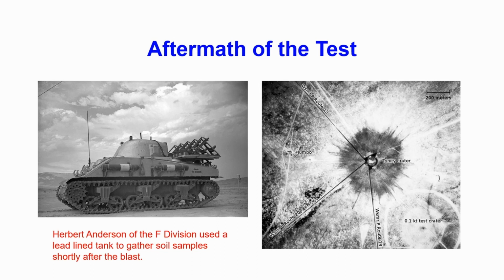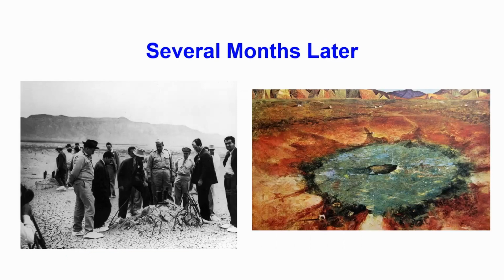And you can see here, this is an overhead picture. This is where the Trinity crater is, and it wasn't really a big crater, and there's just nothing left. Over here to the right, you see the test crater is right there. And then several months later, they were observing the tower, or what was left of the tower.